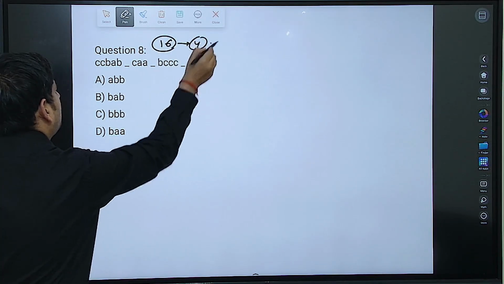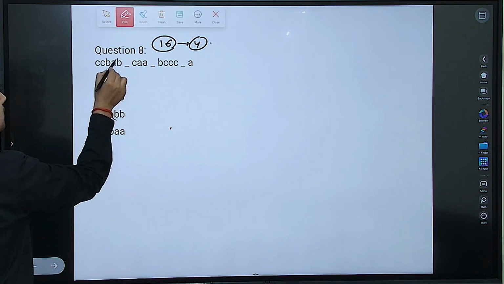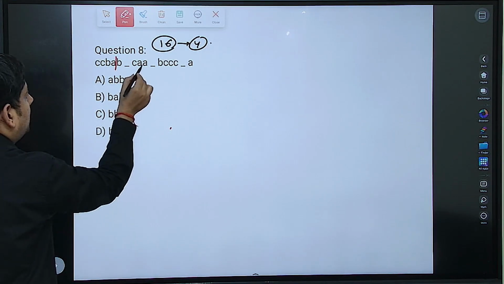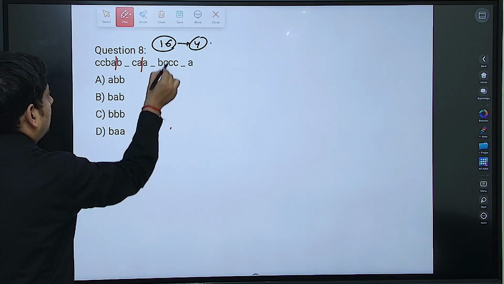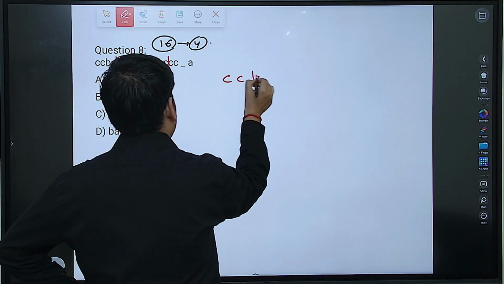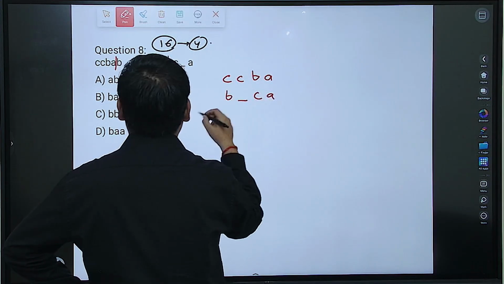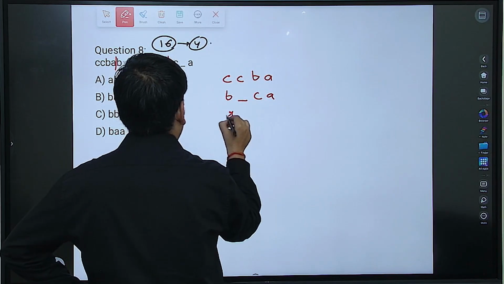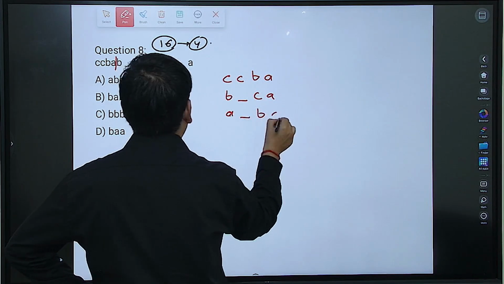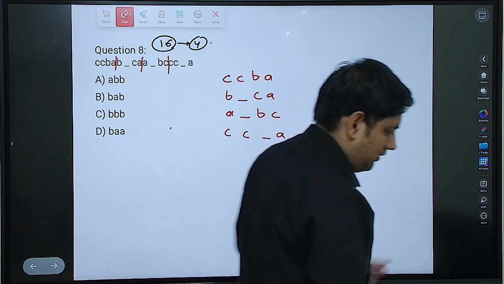That means groups of 4. Let's try to make groups of 4. 1, 2, 3, 4, then 1, 2, 3, 4, then 1, 2, 3, 4, then 1, 2, 3, 4. That's it. So it becomes C, C, B, A, then B dash C, A, then A dash B, C, then C, C dash A.